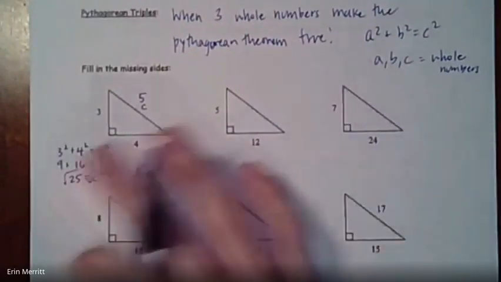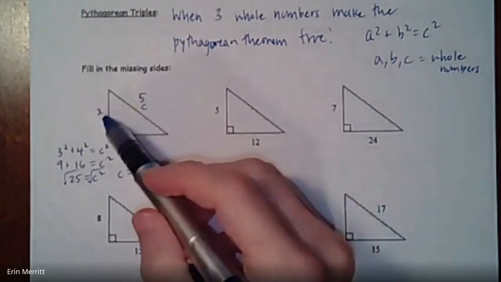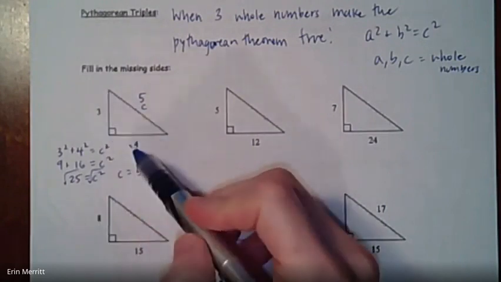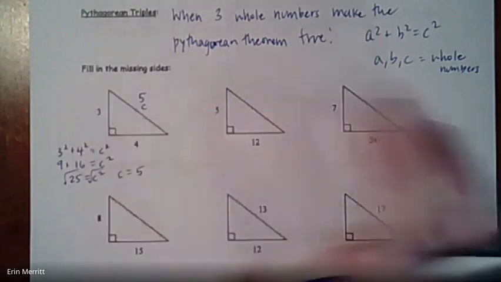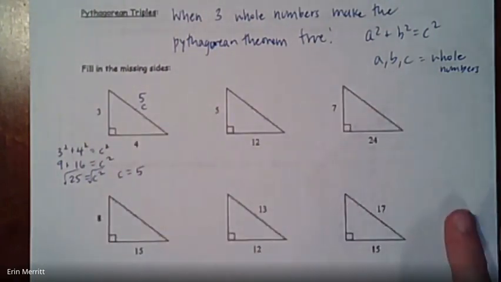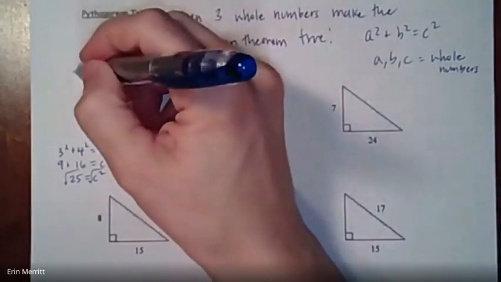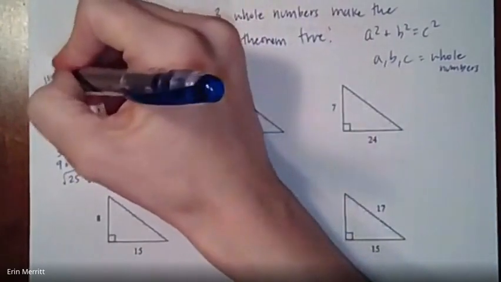Or if you start to memorize them, some of them are multiples of one another. So when we have like 3, 4, 5, if you double all those values, another Pythagorean triple is actually 6, 8, 10. So you can use one Pythagorean triple to sometimes find out another one. So we will come back to these and look at them in class. If you want to look ahead, feel free and see if you can figure out what those missing pieces are.